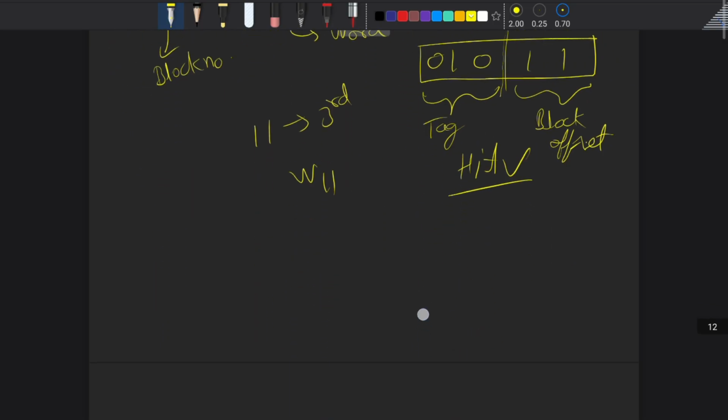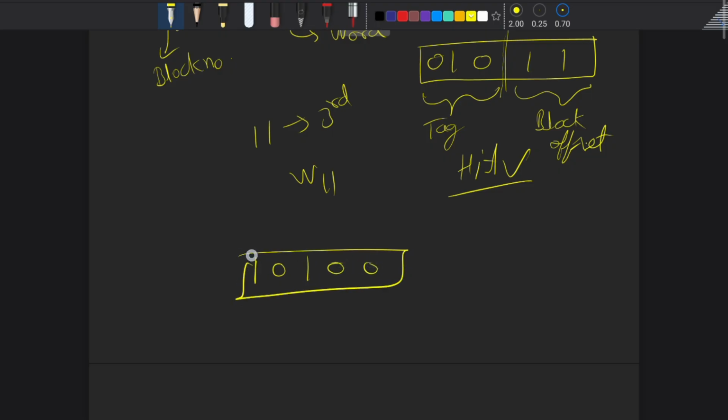Now let's see another example. Let's say that the CPU is looking for a physical address 10100. Now again we will divide it in two parts, block offset and tag bit.